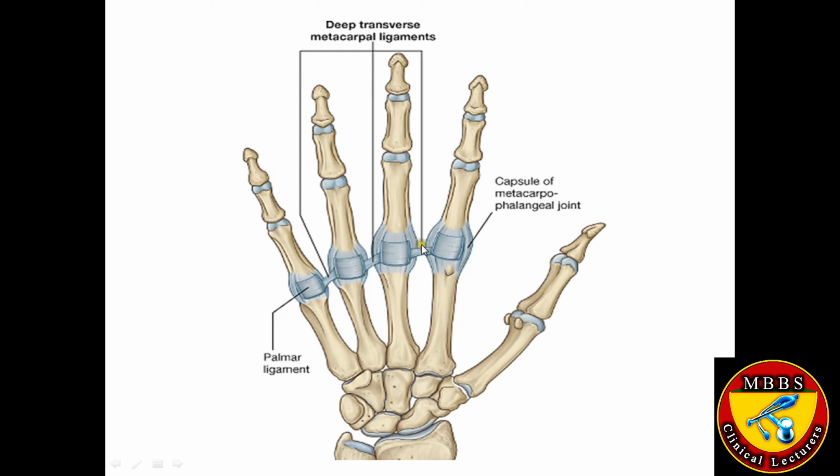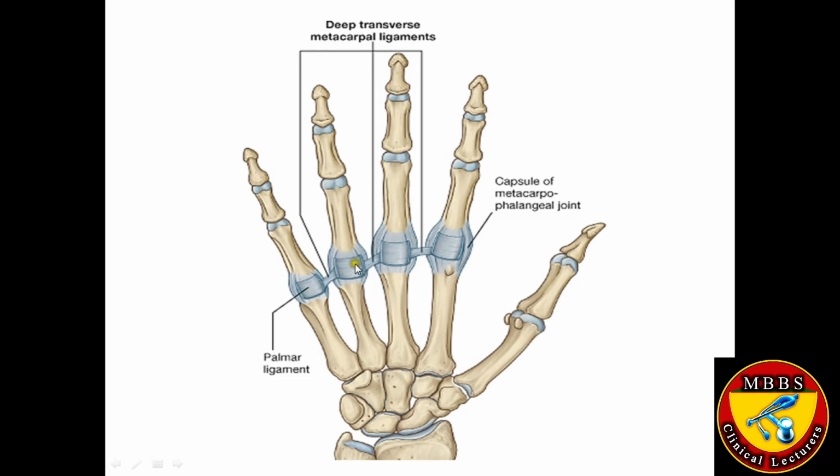Now in this one you can see the ligaments of the metacarpophalangeal joint. This is the capsular ligament, which is surrounding each joint over there. This is the palmar ligament, which is flat and covering as a staple-like structure over there, and each palmar ligament is just bound or sandwiched by the deep transverse metacarpal ligament.